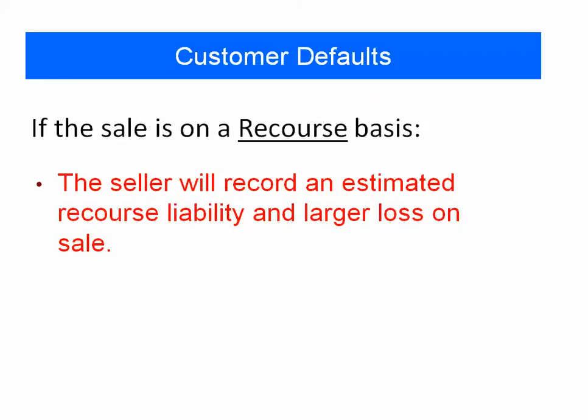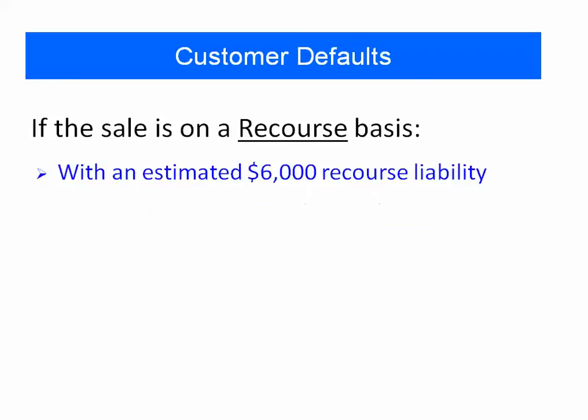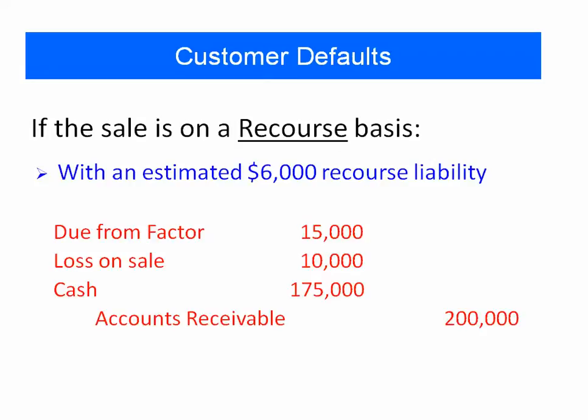If, however, the sale is on a recourse basis, the seller will record an estimated recourse liability and a larger loss on the sale. Let's assume the sale is on a recourse basis with an estimated $6,000 recourse liability. Here was our original journal entry for a sale on a non-recourse basis.